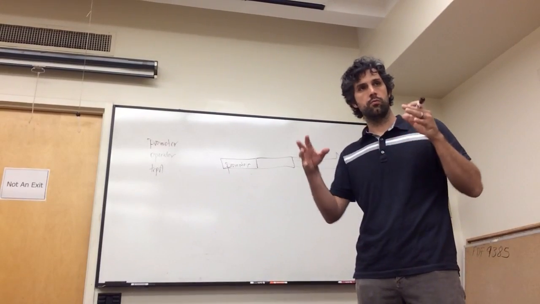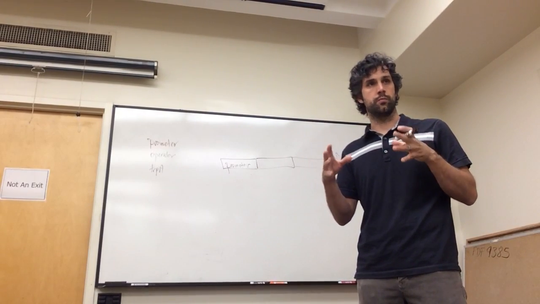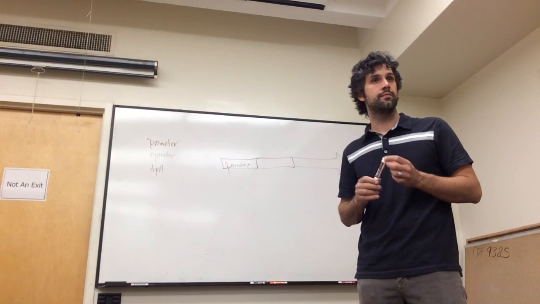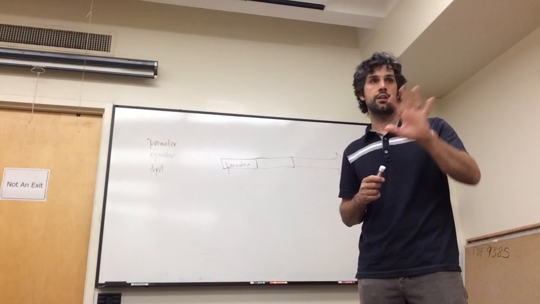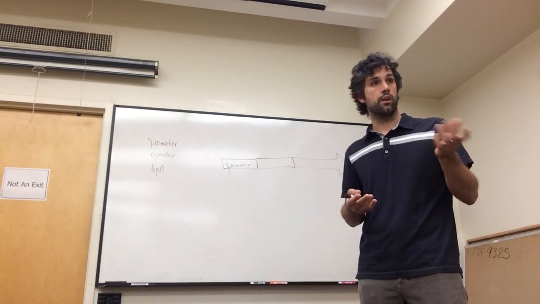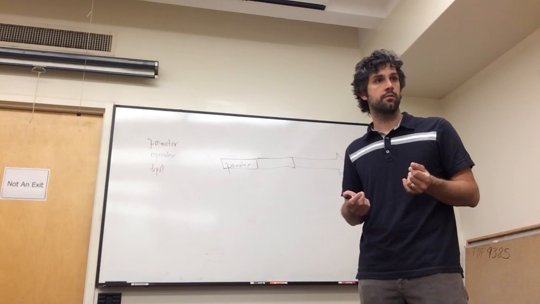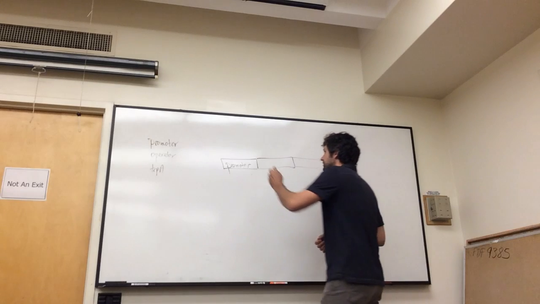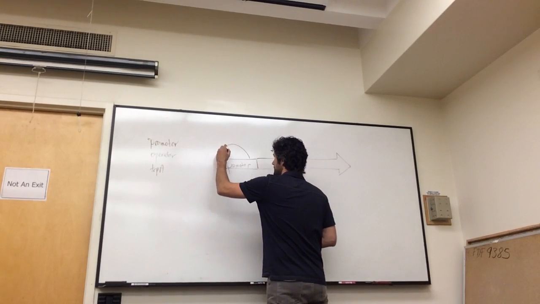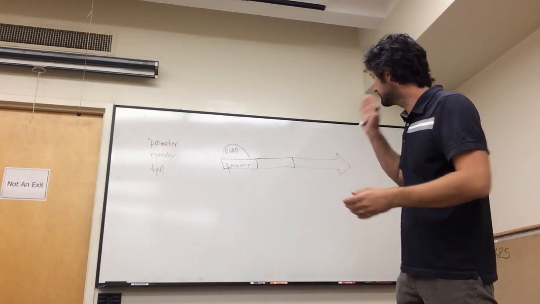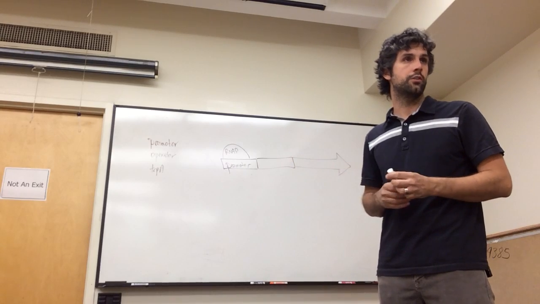But what protein is binding to the promoter? You say it's going to start transcription, so polymerase. What kind of polymerase? RNA polymerase, right? If it was DNA polymerase, that's not going to do us much good in terms of transcription. So RNA polymerase is going to be binding to the promoter.